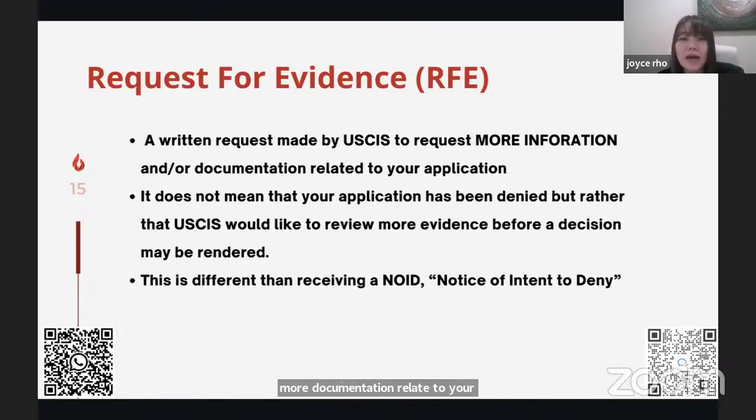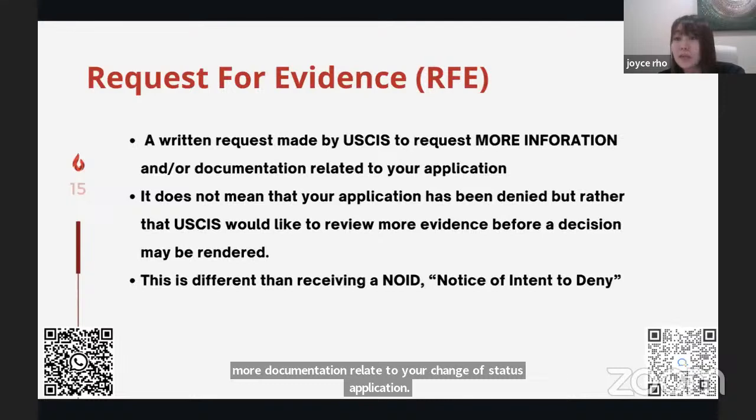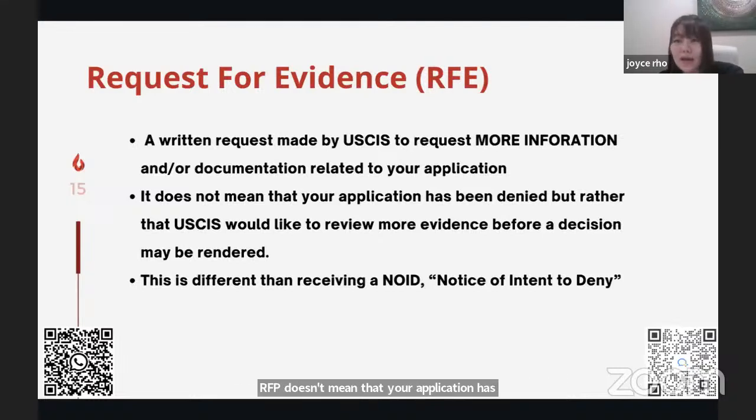An RFE doesn't mean that your application has been denied or is going to be denied; rather, USCIS would like to review more evidence before they make a final decision about your case. So when you get the RFE letter, I know it's a nervous moment, but don't panic and just follow the instructions written in the RFE letter.